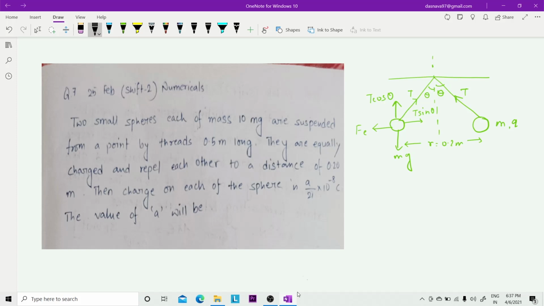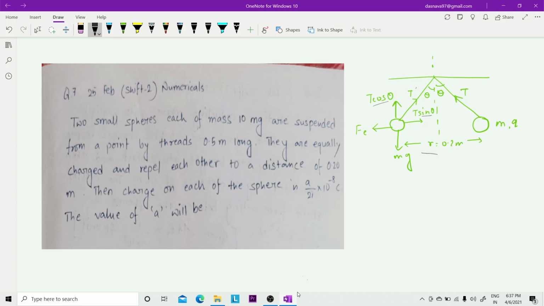So here you can see the diagram where two spheres are separated by a distance r equals 0.2 meter. Now these two threads will have tension, capital T. This T will have two components, T cos theta and T sin theta, in two directions.